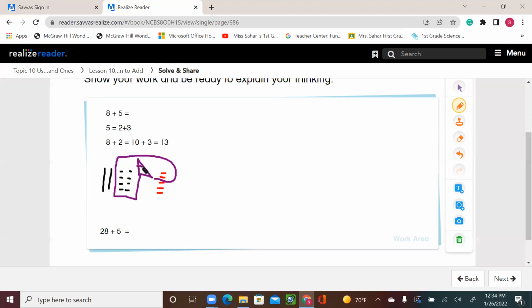So now what do I have? 8, 9, 10. So now I have 10. So 28 plus 2. These 2, I add them here. Let's add them in a different color to show better.